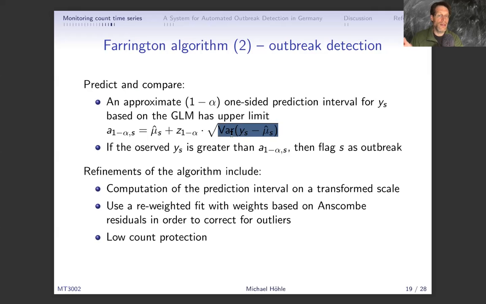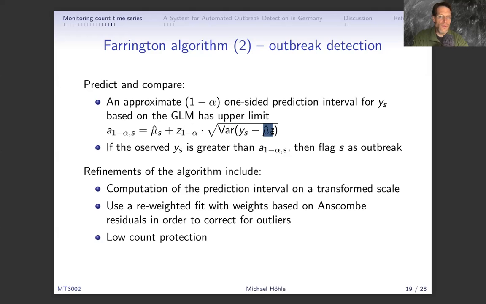This is the plug-in version of the prediction interval, because in this case it's not possible to compute directly, in a closed formula, the distribution of the observation. So we're simply going to use the z distribution, the standard normal.